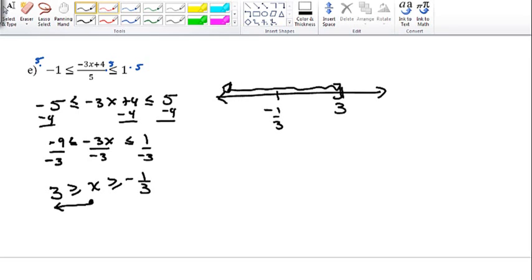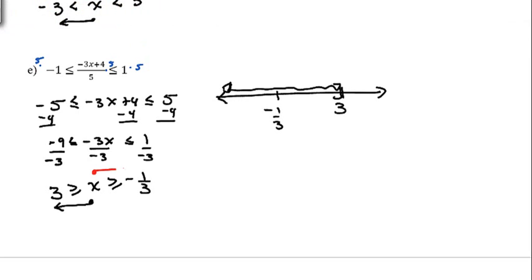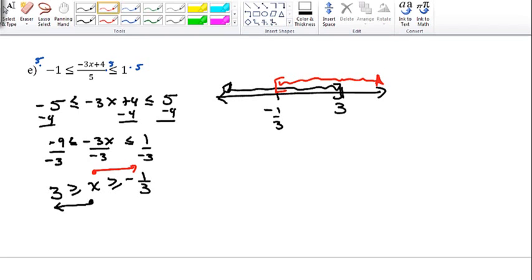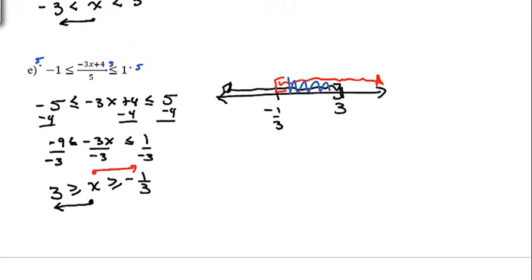And then this part says x has to be greater than or equal to negative 1/3. So a square bracket and everything to the right of negative 1/3. So again, it'll be this intersection in the middle. That's our solution. So negative 1/3 up to positive 3.